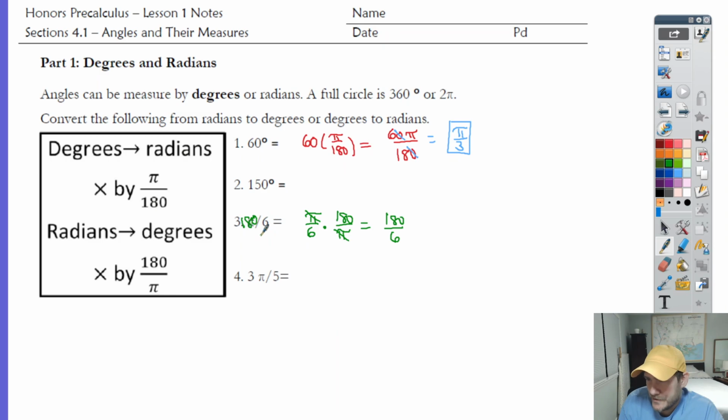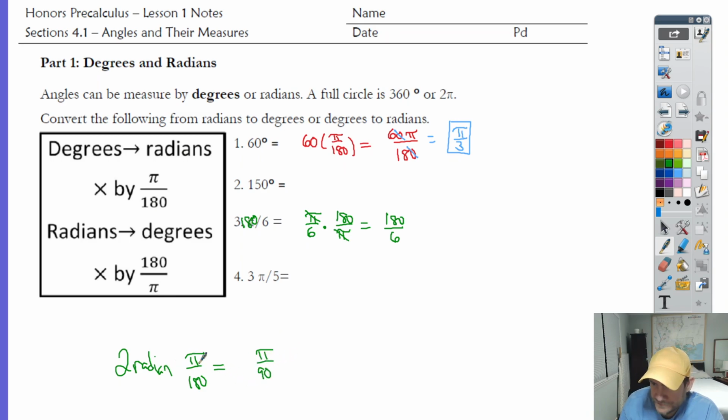The only time that doesn't work is for a radian measure that doesn't have pi in it. It's certainly possible to just have a measure of like 2 radians. At that point, of course, there's no pi to replace with a 180.